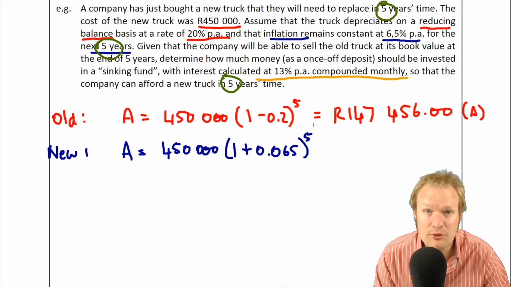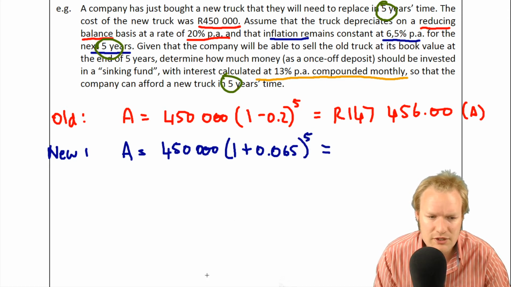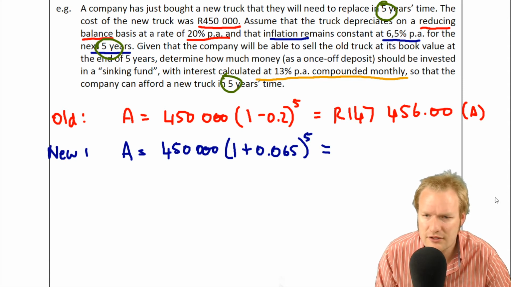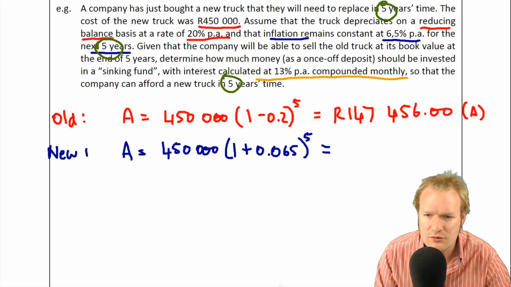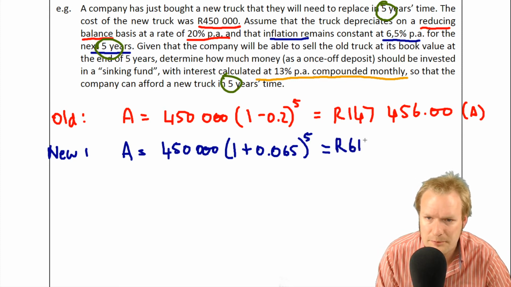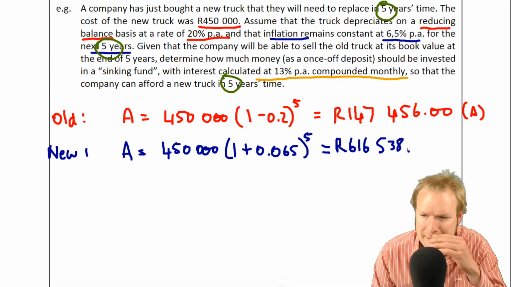Inflation, remember, is just per annum, it's just annual. So we put that in our calculator: 450,000 times 1 plus 0.065, oh, I think that's what I missed last time, to the power of 5 gives us 616,538.99.